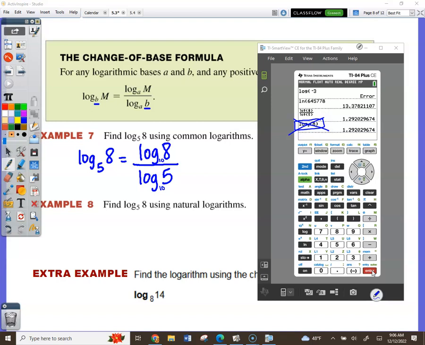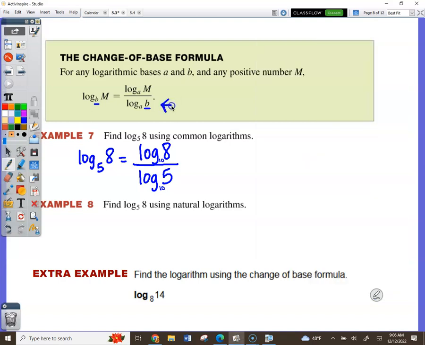Now let's make a note up here. The base goes on bottom. So the original base will be the bottom part of your fraction, and then the other number goes in the top.